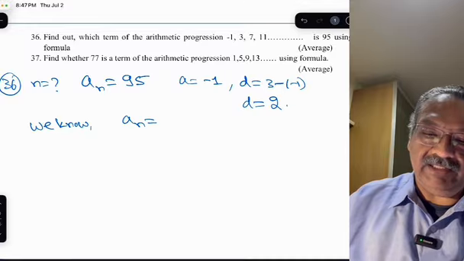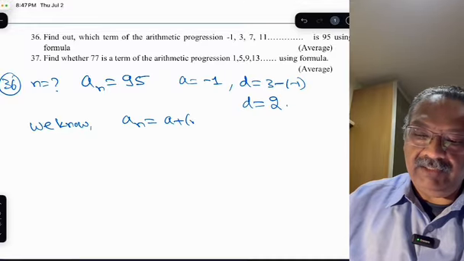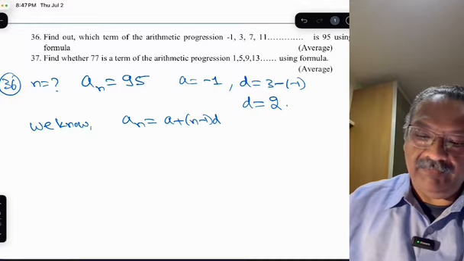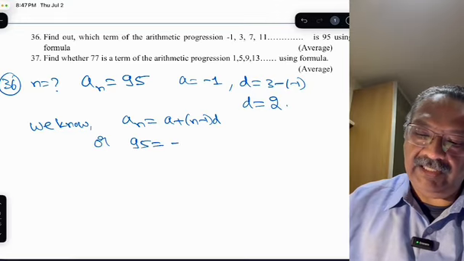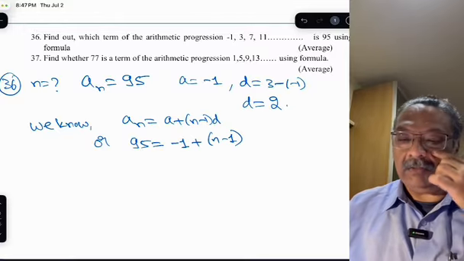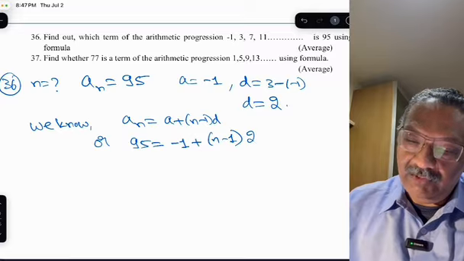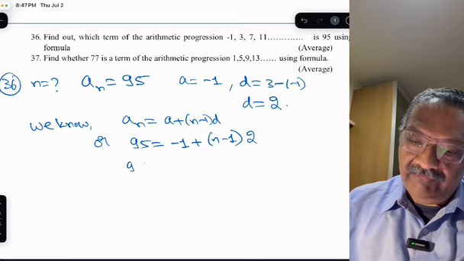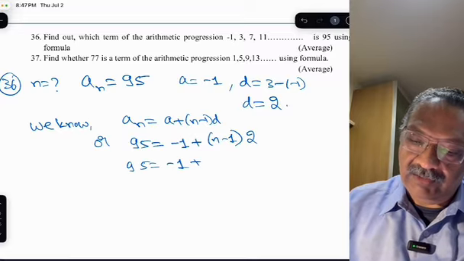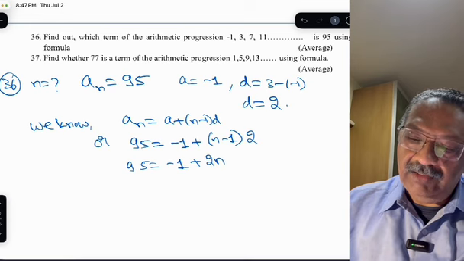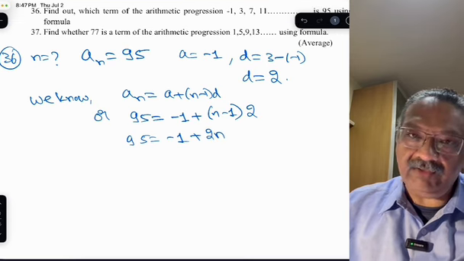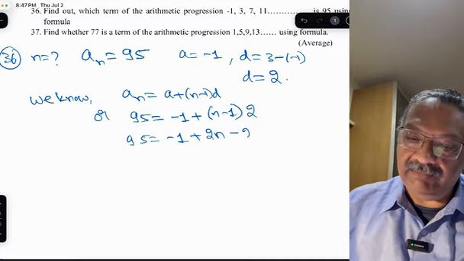nth term an is equal to a plus n minus 1 into d. They have given 95, so 95 is equal to a, which is -1, plus n, we do not know, we have to find that out, n minus 1, d is 2. So 95 is equal to -1 plus 2n minus 2. -1 minus 2 is -3.